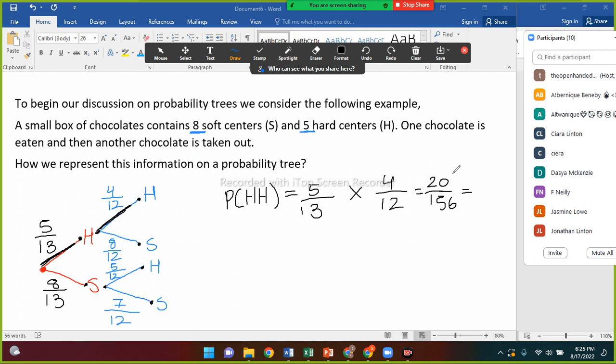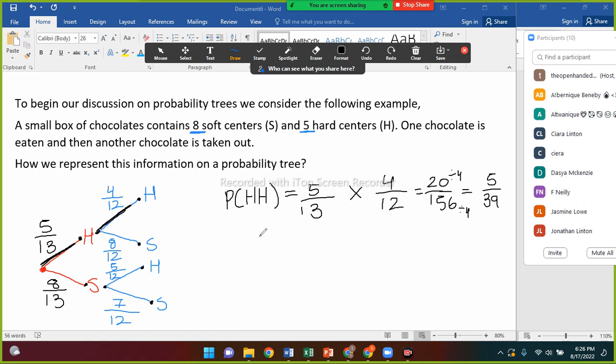So divide top and bottom by 4. 20 divided by 4 is 5, and 156 divided by 4 is 39. So it's the probability that I get a hard-centered chocolate first and a hard-centered chocolate second.